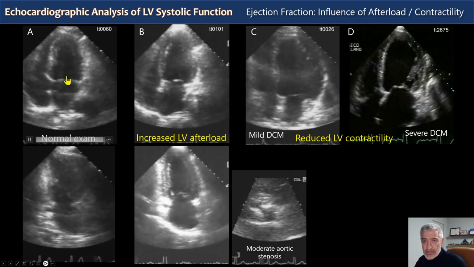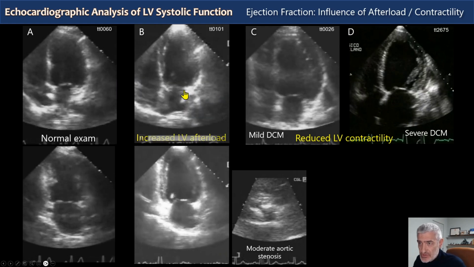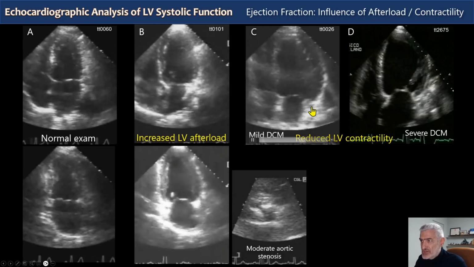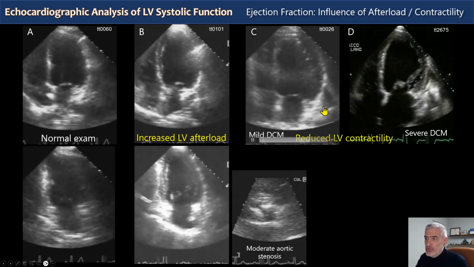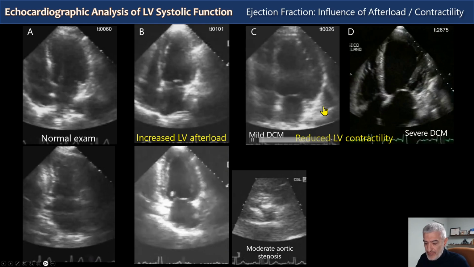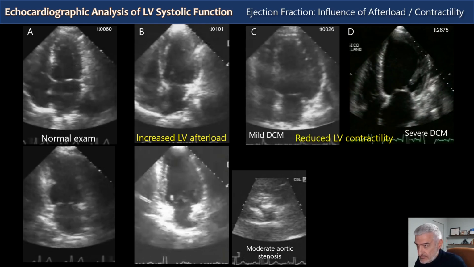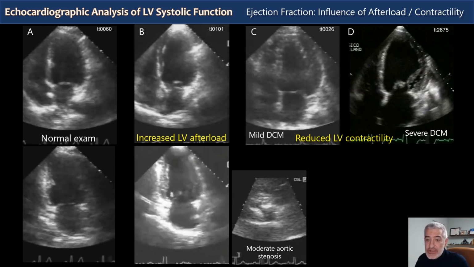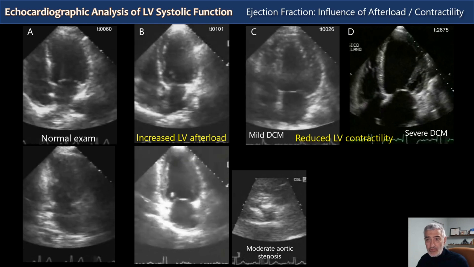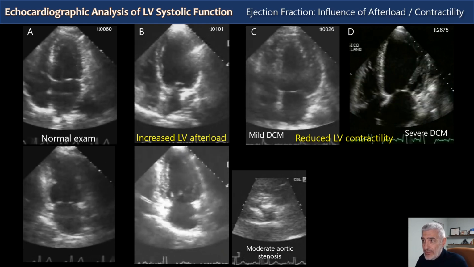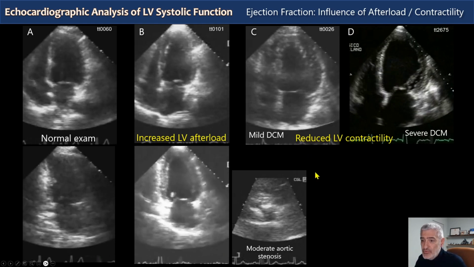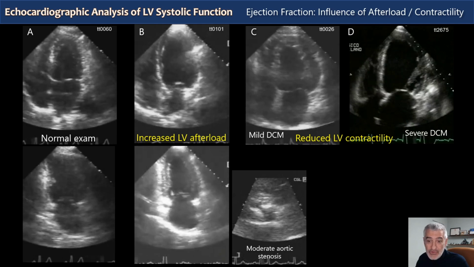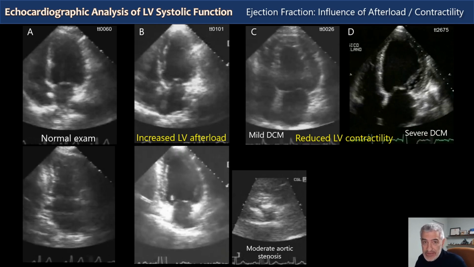So normal ejection fraction, reduced ejection fraction due to an increase in afterload, and ejection fraction reduction due to a reduced left ventricular contractility. As a matter of fact, when we measure ejection fraction in our routine practice, our double goal is to measure systolic function, but also and primarily to estimate contractility of the left ventricle.